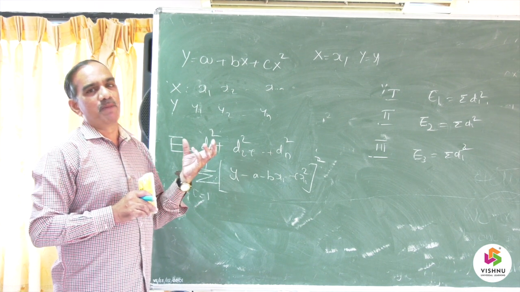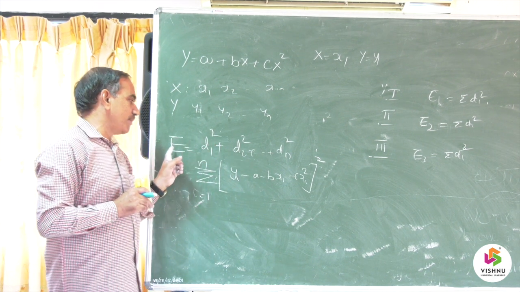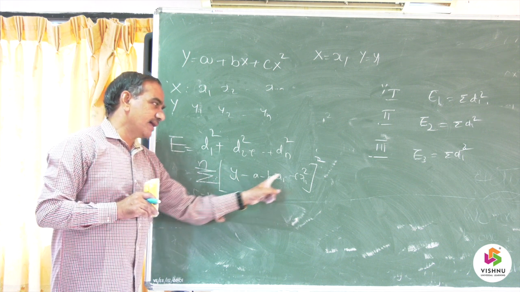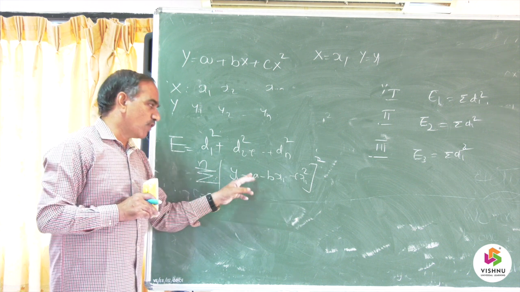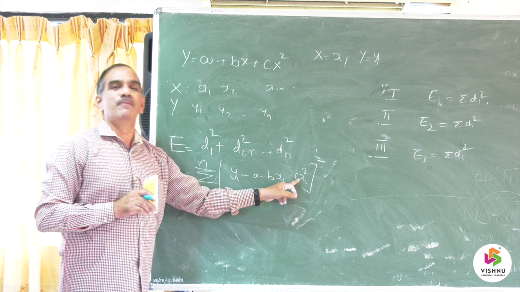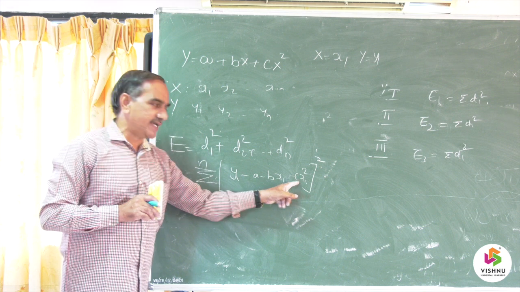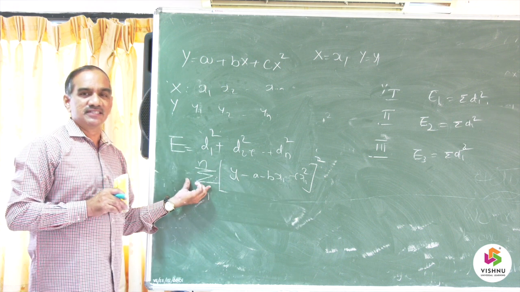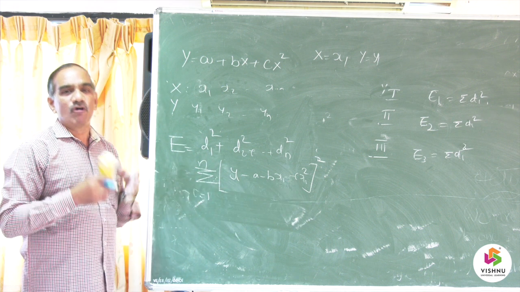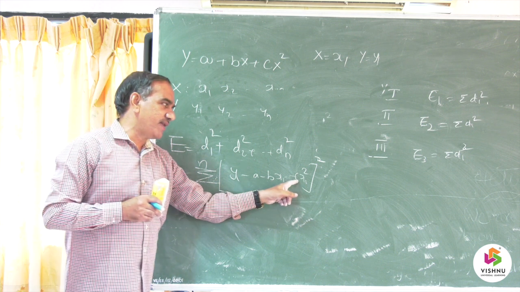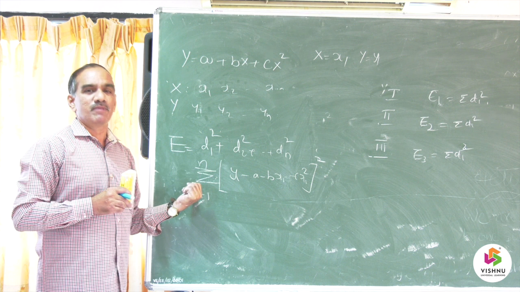By the principle of maxima and minima, we have to minimize the error E. Then we say that a, b and c are the best values. We want to choose the best values of a, b and c. That means for what values of a, b and c the error is getting minimized. Finally, our main aim, our main concept, is to minimize the error: for what values of a, b and c is the total error minimized.